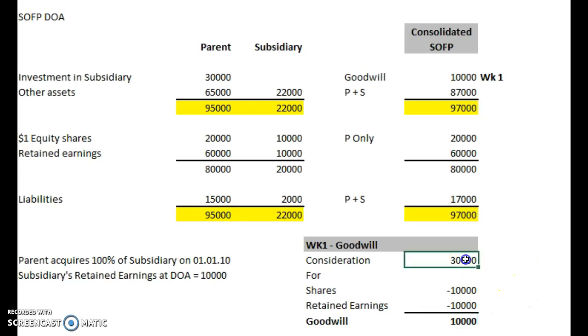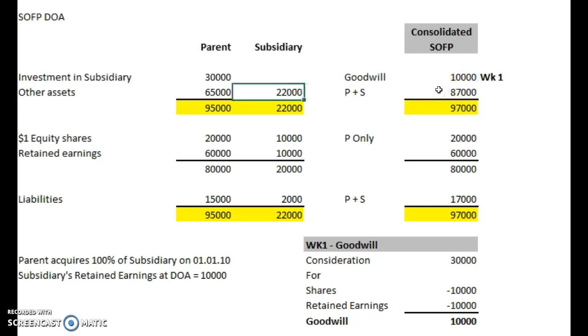Our consideration, our payment for the subsidiary at acquisition was 30,000. For £10,000 of shares, £10,000 of retained earnings at acquisition gives goodwill of 10,000. We paid 30 for 20, so we've got 10 left over. That goes in as an intangible asset for the group. And then the rest is just added as normal.